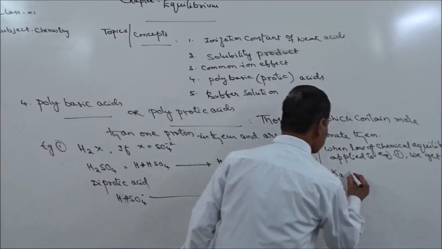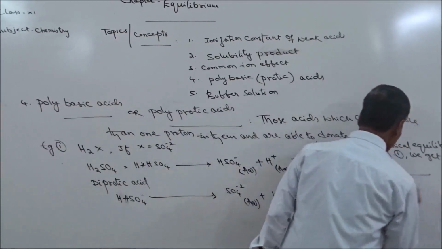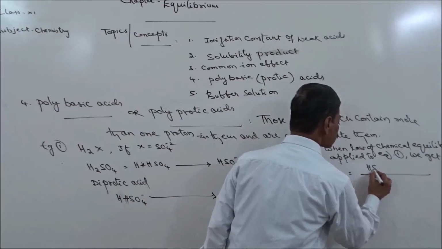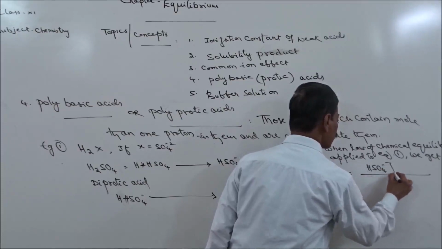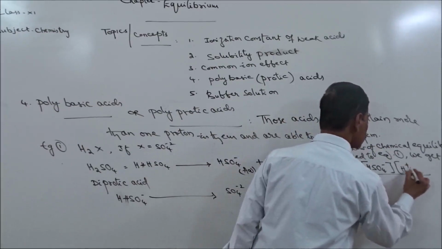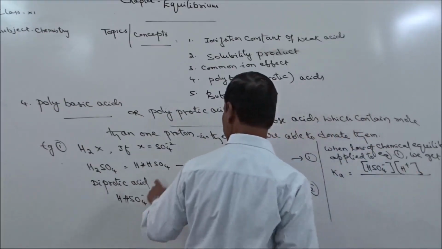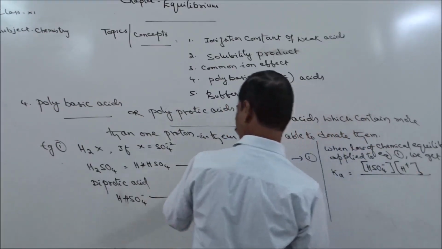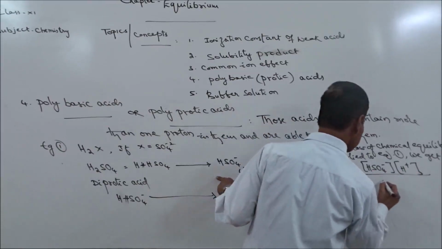This is equal to product of molar concentrations of hydrogen sulfate ion multiplied by proton divided by molar concentration of sulfuric acid.